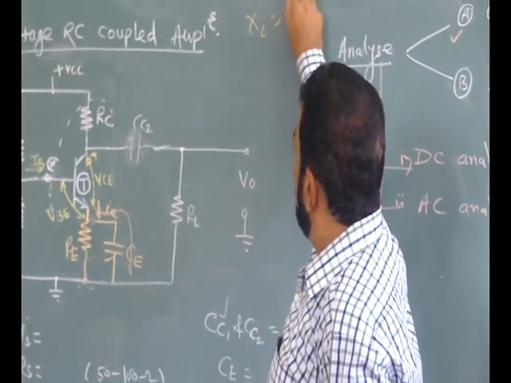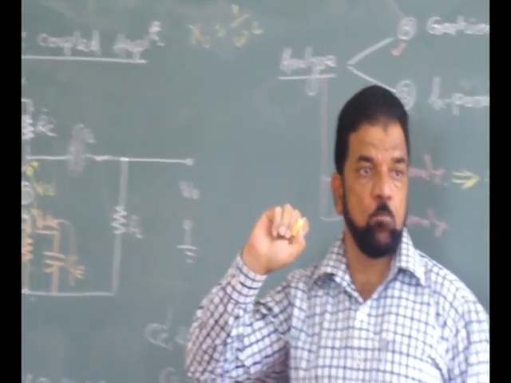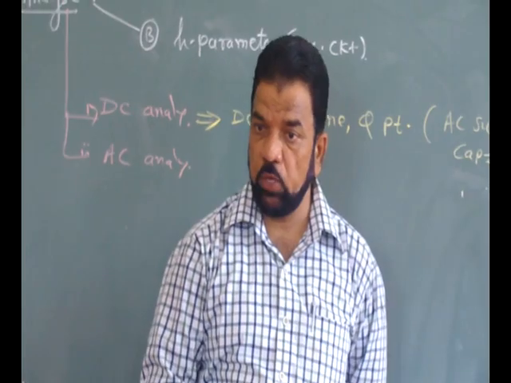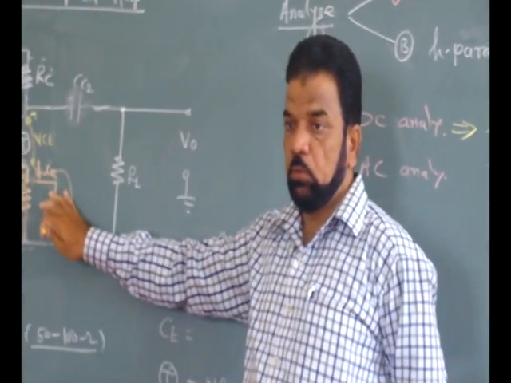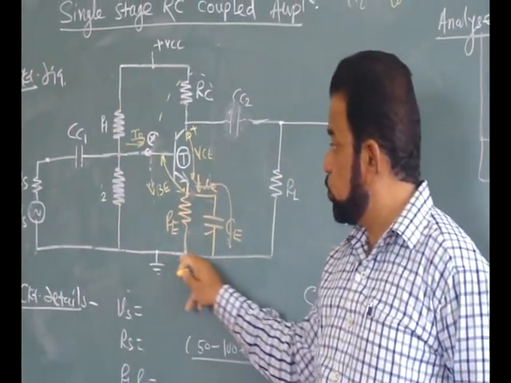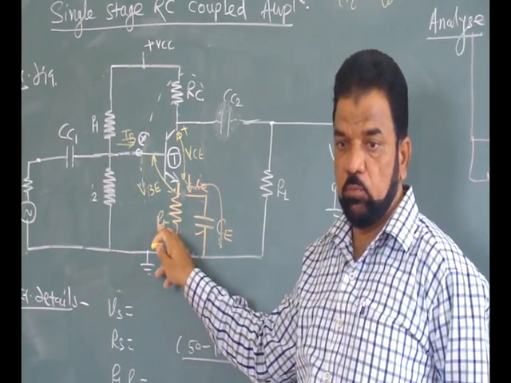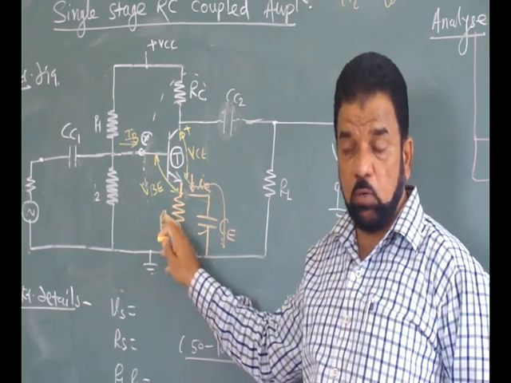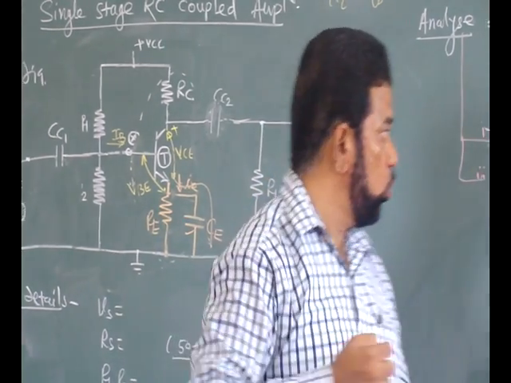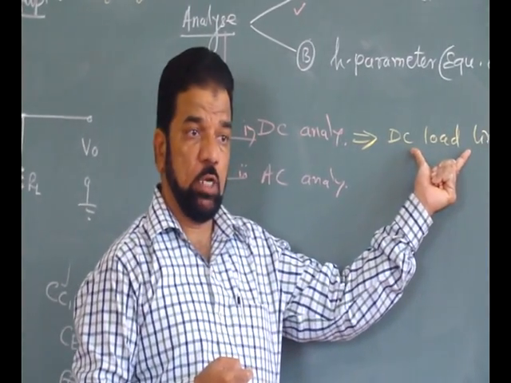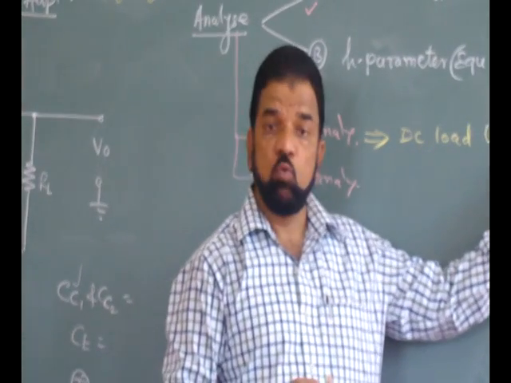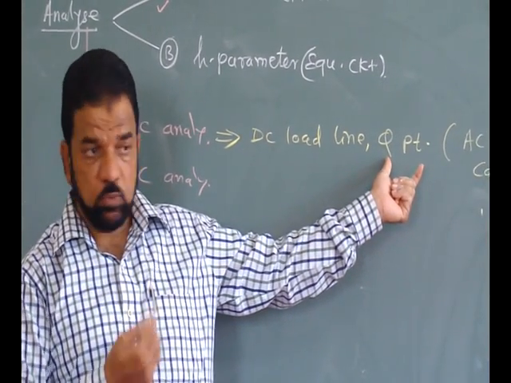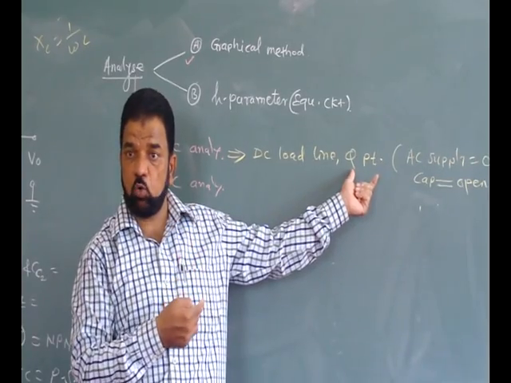Xc is equal to 1 by omega C, which is 1 by 2 pi f into C. So reactance equal to infinite means the capacitors are open. So your basic circuit changes to the voltage divider network only, which we have already covered. From that voltage divider circuitry, for the DC load line, just apply KVL to the output section. For the Q point, apply KVL to the input section and find out the base current. Then the intersection of the base curve with the DC load line gives the Q point.